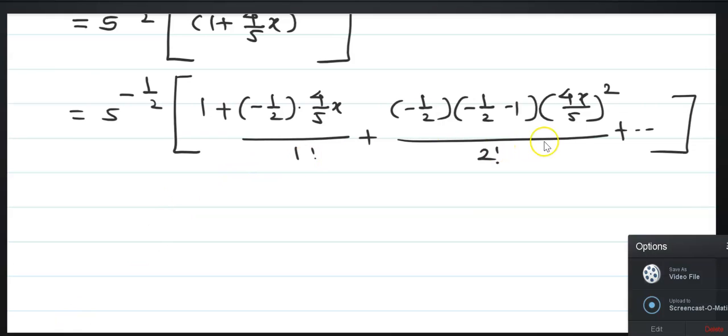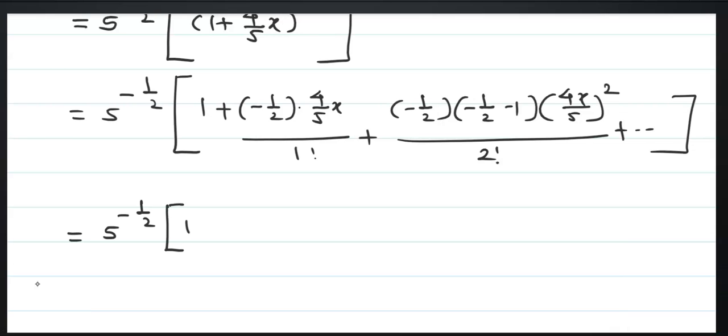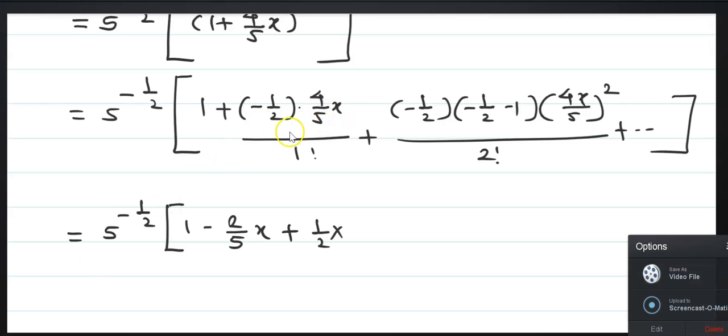Therefore, now the simplification. 5 raised to minus 1 upon 2, (1 minus 2x upon 5). This is the simplification. For the second term, minus 2x upon 5.